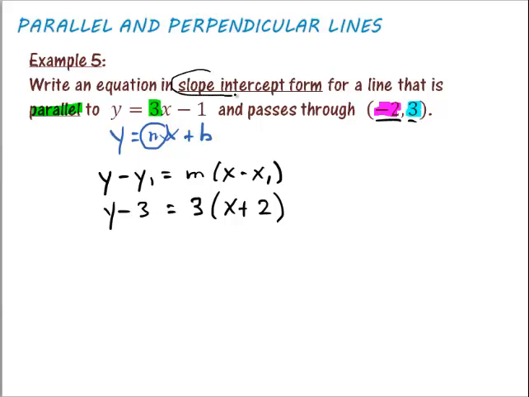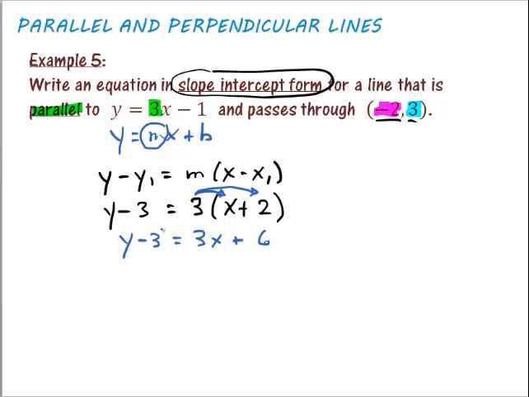Now it says we want it in slope-intercept form, so this kind of looks like slope-intercept form. What I'm going to do is go ahead and solve this equation and get y by itself. Okay, so I'll distribute the 3 and make that 3x plus 3 times 2 is 6 equals y minus 3.